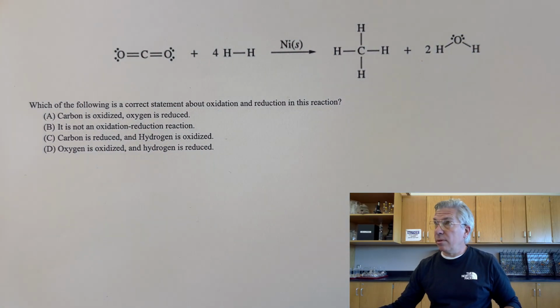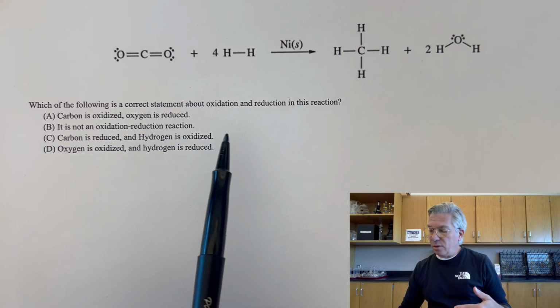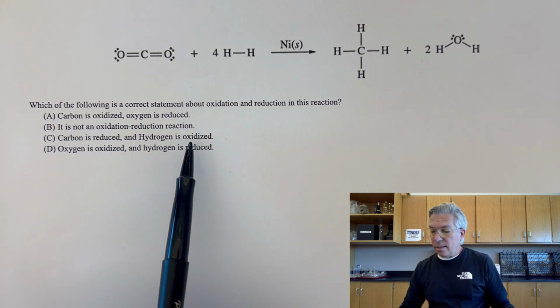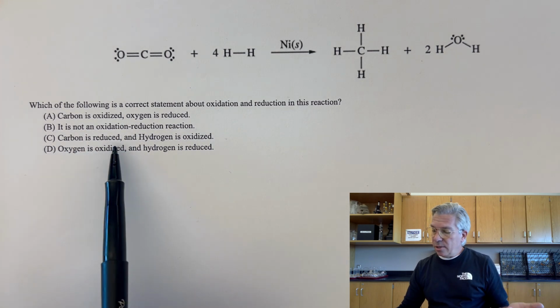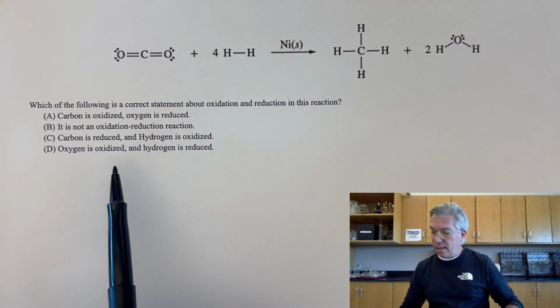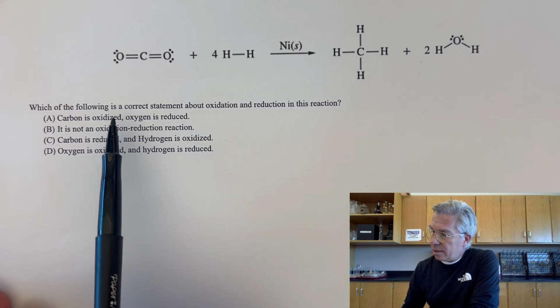All right, again, another one with Lewis structures. Which of the following is a correct statement about oxidation and reduction in this reaction? Is it that carbon is oxidized and oxygen is reduced? It is not an oxidation reduction reaction. Carbon is reduced and hydrogen is oxidized. Oxygen is oxidized and hydrogen is reduced. So which one are we talking about here?